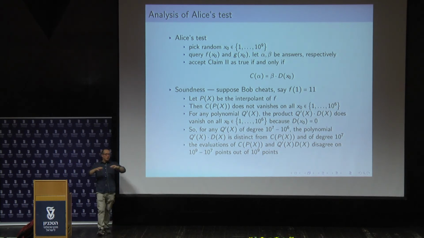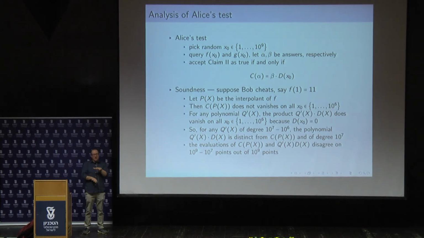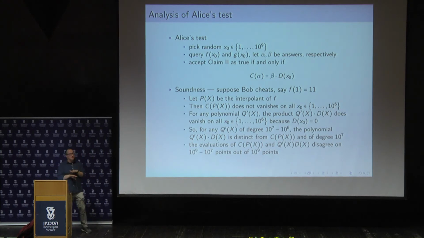But we have a domain of size 1,000,000,000, and 2 polynomials whose degree is less than 1% of that domain size, so they will disagree on 99% of their entries. And that's why soundness also follows. So if it's not the same polynomial, the probability that Alice will reject is at least 99%.